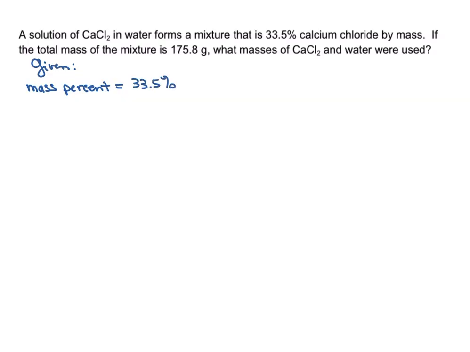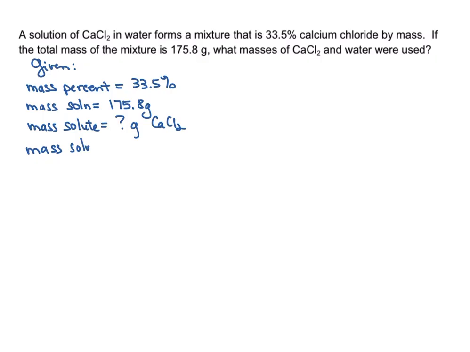They also give me the total mass of the mixture, which means this is the mass of the solution, 175.8 grams. And they're asking for the mass of calcium chloride, which is the mass of the solute, and they're asking me for the mass of water, which is the mass of my solvent.